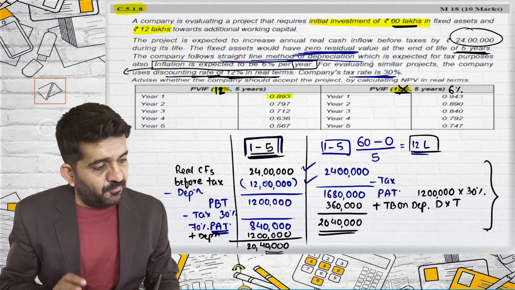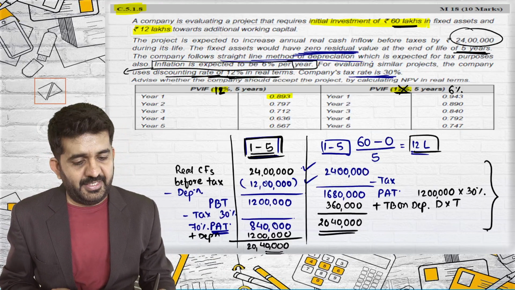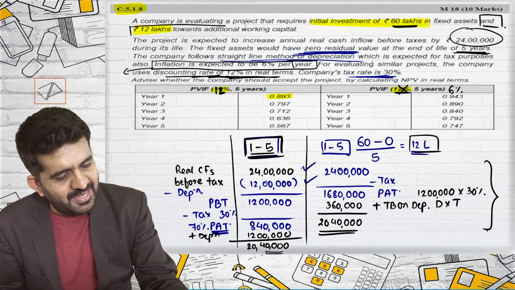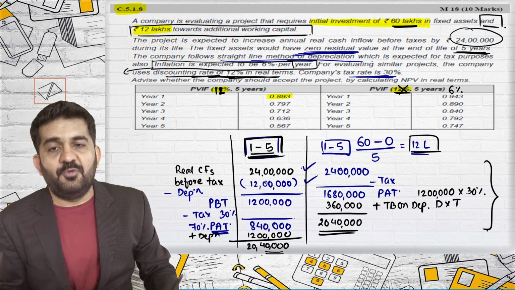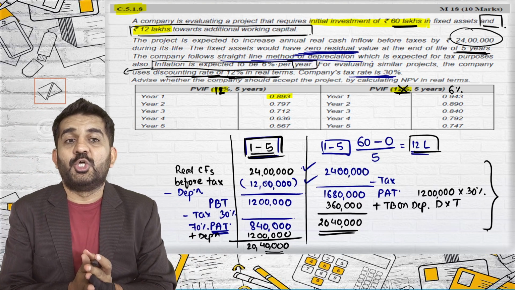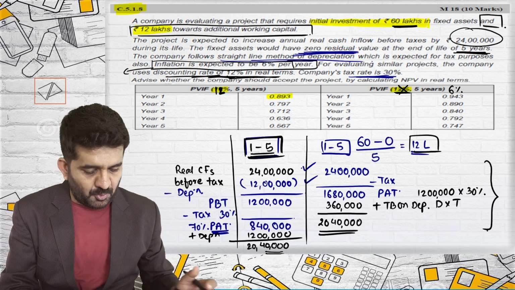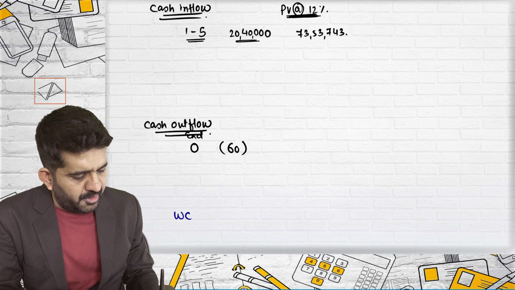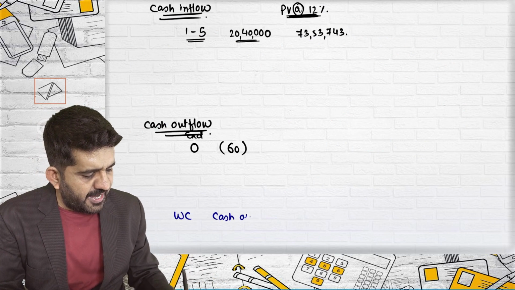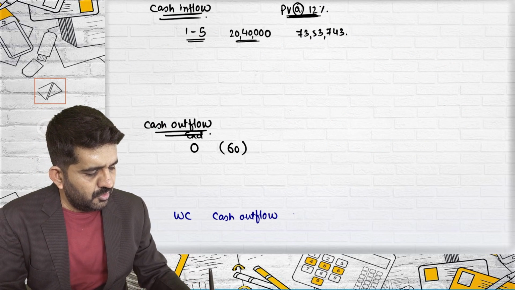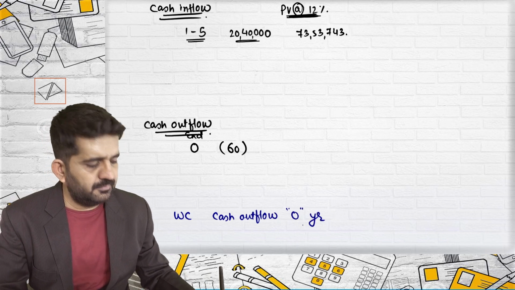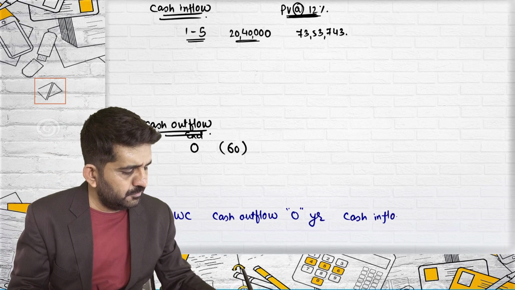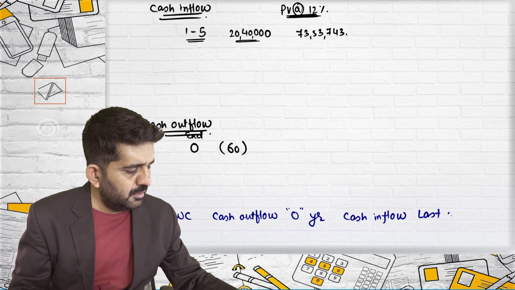Is there a point of working capital? Yes. And 12 lakhs towards additional working capital. So 12 lakh working capital is required. As we have understood in introductory lecture, working capital is cash outflow for 0 year and it is a cash inflow for the last year.